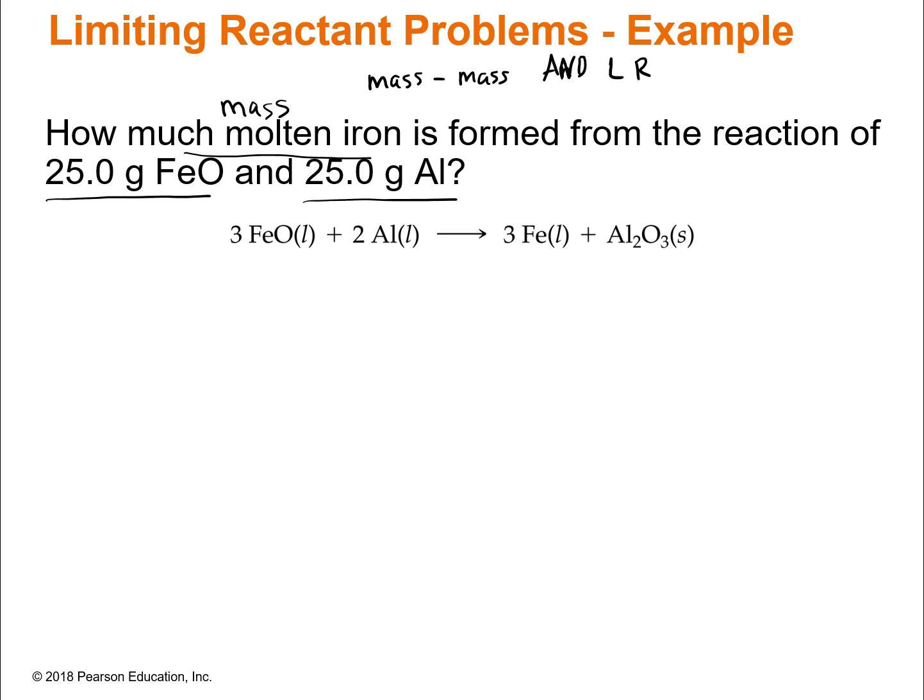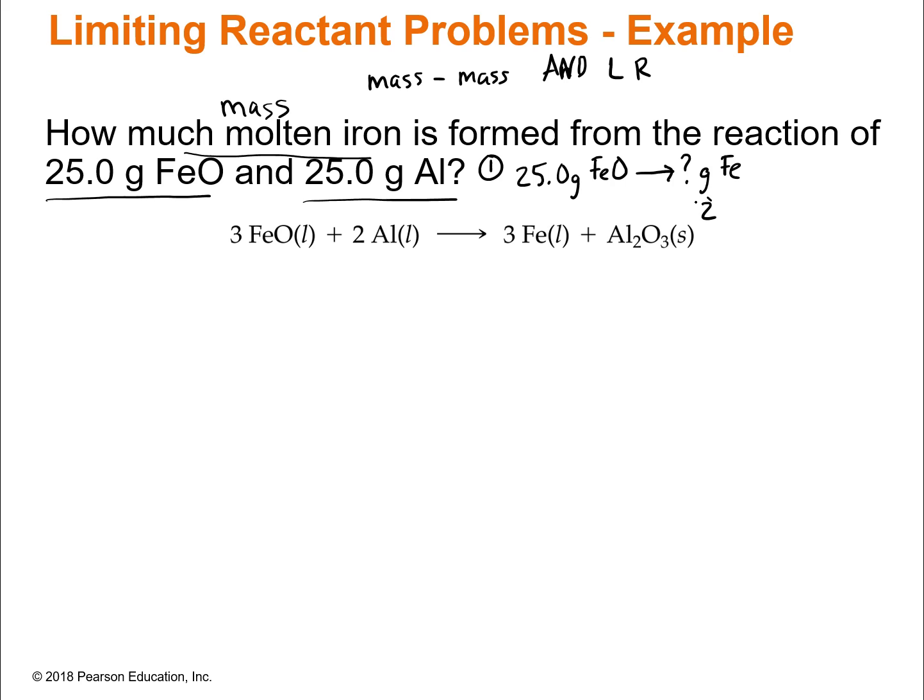So we're setting up two mass to mass problems, which I know, great joy, right? The first one, we're taking the 25 grams of iron 2 oxide and figuring out how many grams of iron we can make.